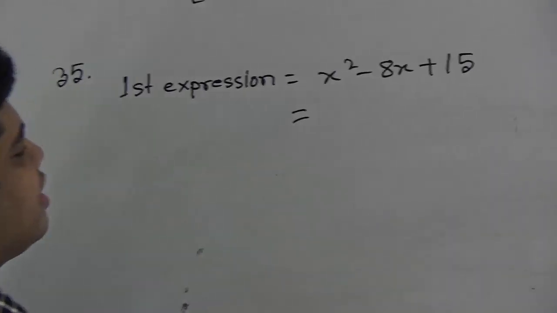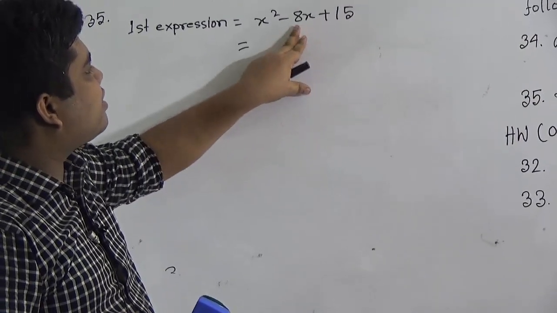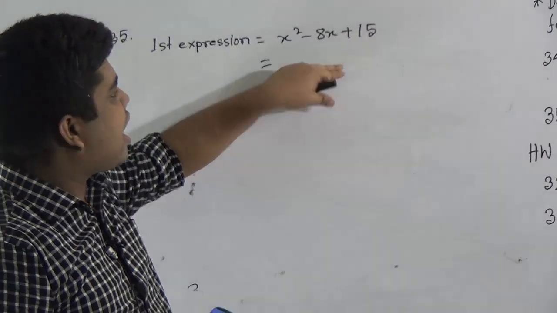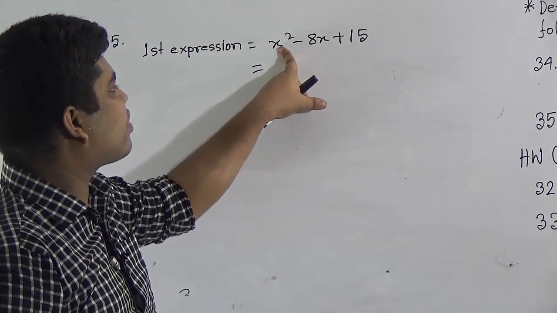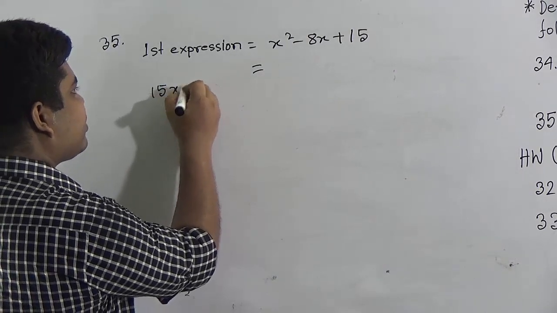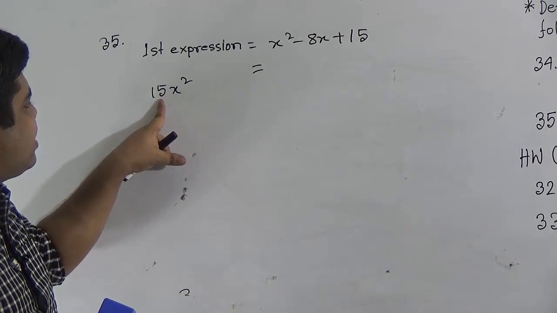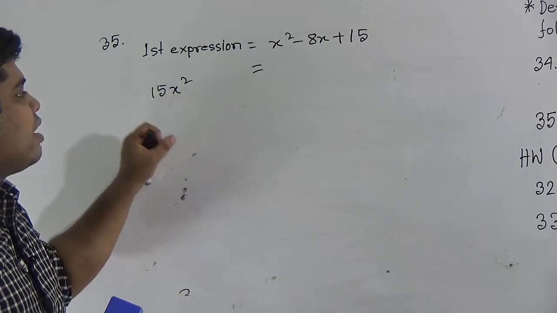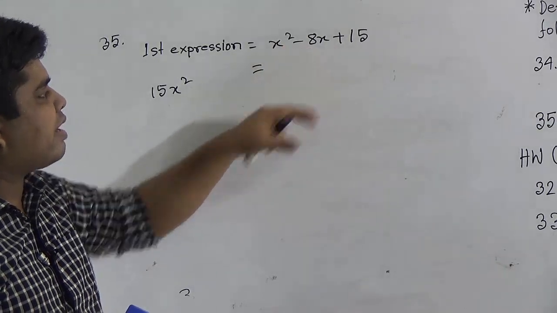My dear students, we use here the middle term break method. That means we break the middle term. How? At first we multiply 15 with x square, then it will be 15x square, and the factors of 15 are 3 and 5. If we multiply 3 with 5, then we get 15, but if we add 3 with 5, then we get plus 8, but here it is minus 8.